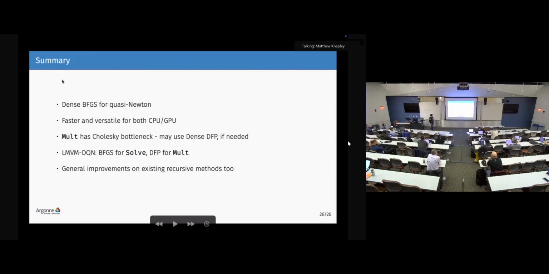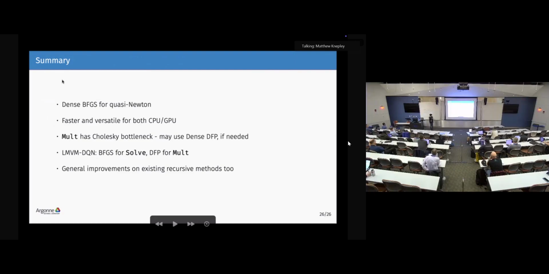One caveat, like I said, is that mult needs Cholesky, so the default implementation is a recursive one. So if you need a lot of fast mat mult, then you may want to consider DFP if needed. And if your mat mult and mat solve are 50-50 or something like that, then you may want to consider DQN, where we use BFGS for solve and DFP for mult.